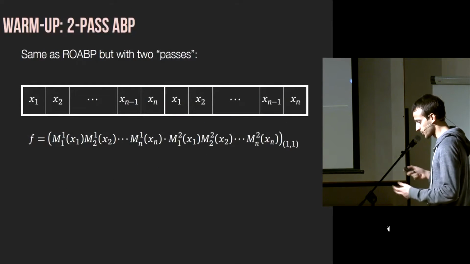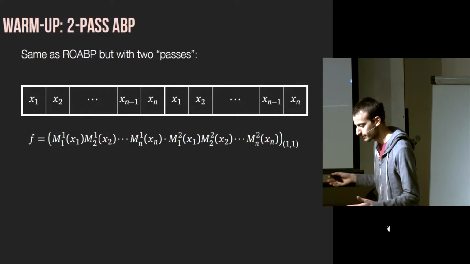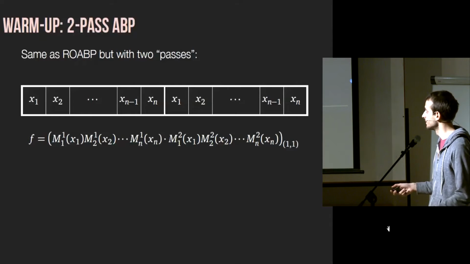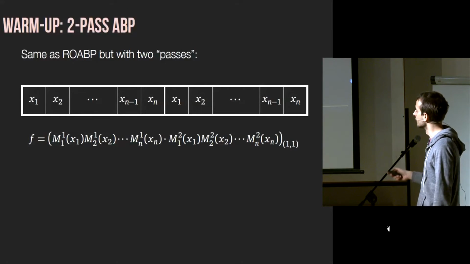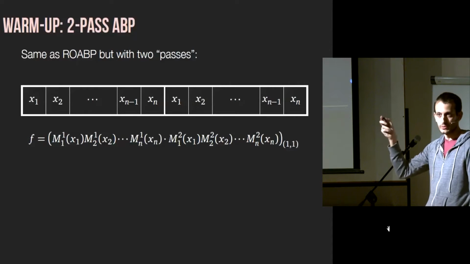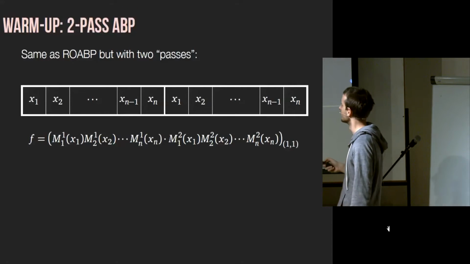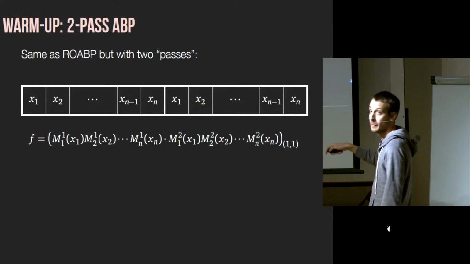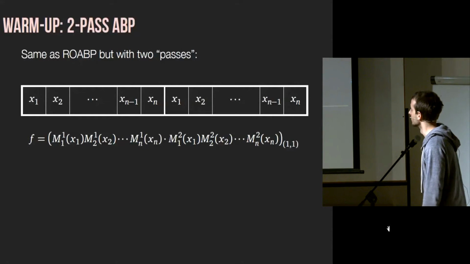And let's do a warm-up case. Let's imagine the simplest case we can think of: read k, which is read 2. And let's further assume that you just pass over the variables twice in the same order. So I call it a two-pass ABP. You first read x1 and x2, up to xn, and then you read again x1 and x2, and move along up to xn.